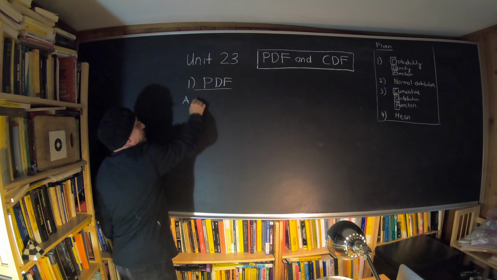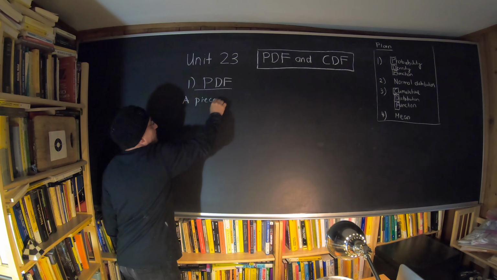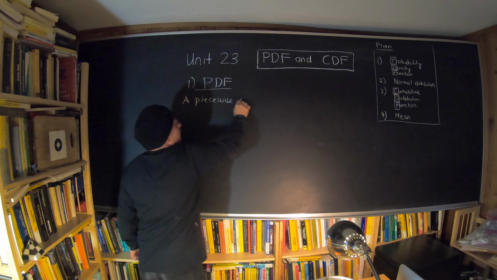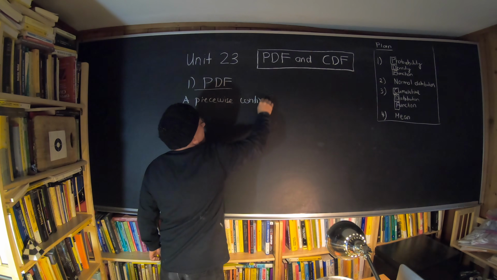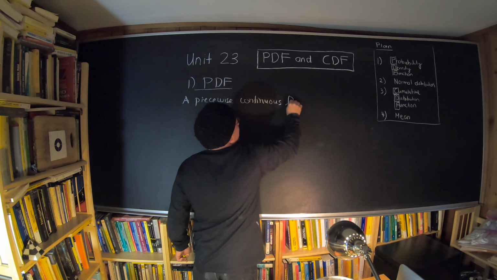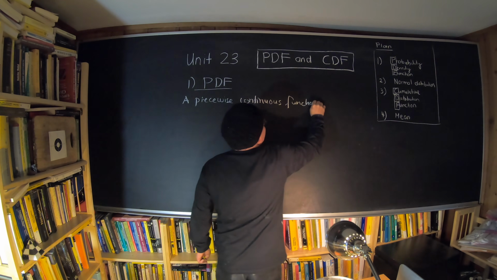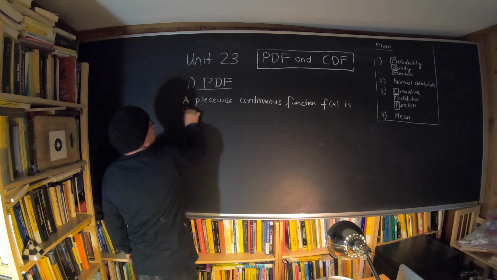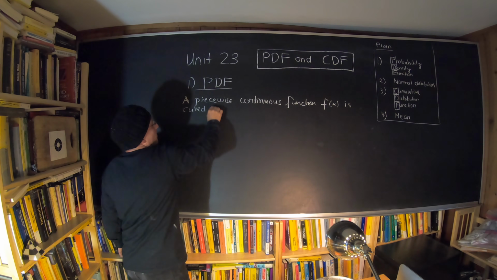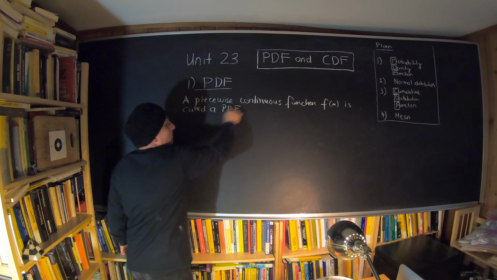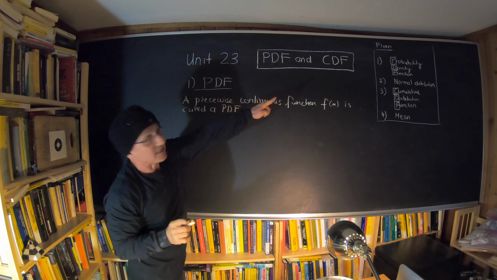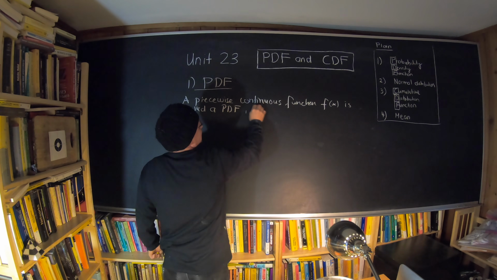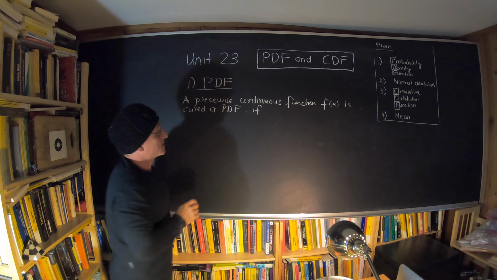So a piecewise continuous function is called a PDF, probability density function, if two conditions are satisfied.